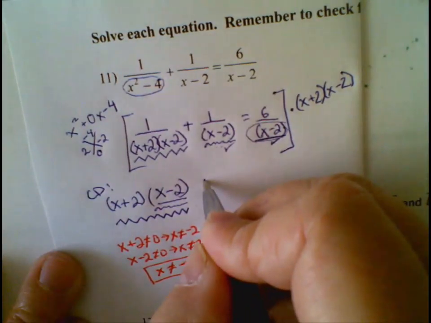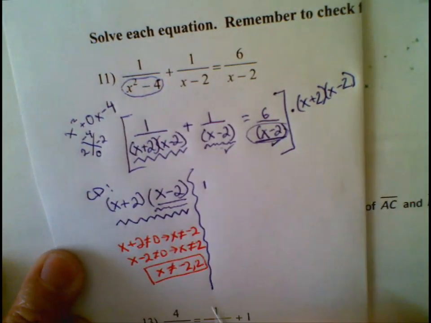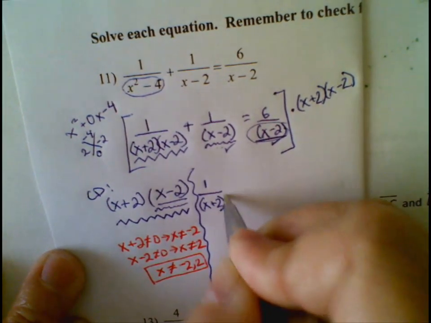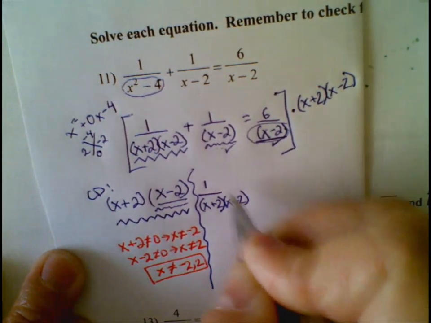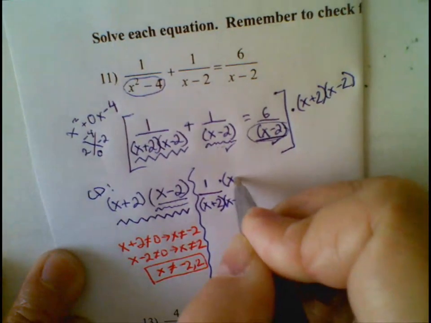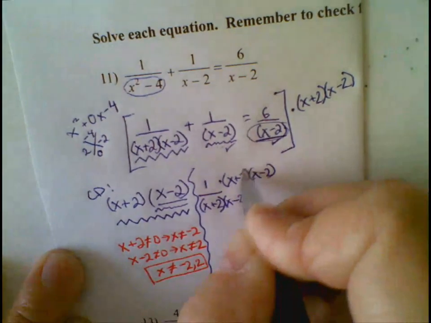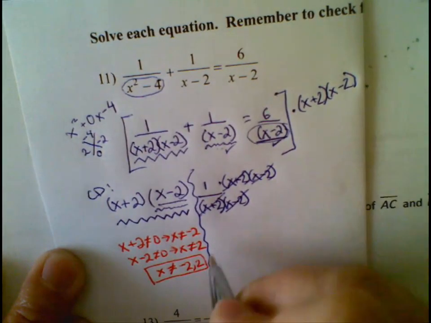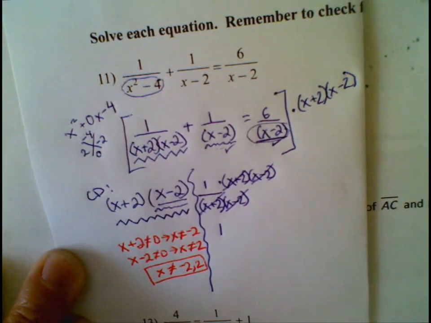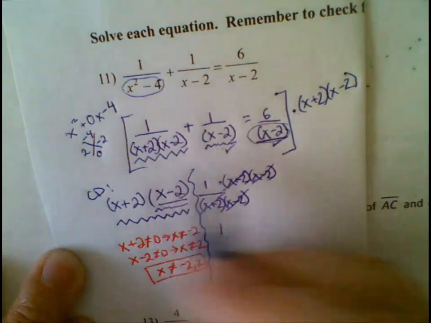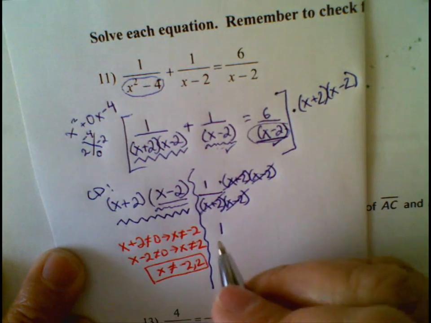If I have 1 over (x plus 2)(x minus 2), and I multiply that by (x plus 2)(x minus 2), everything cancels out, and I just get 1. That's actually why we multiply it by the common denominator, because all of our denominators will magically go away.